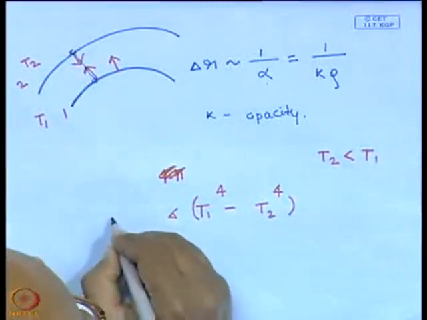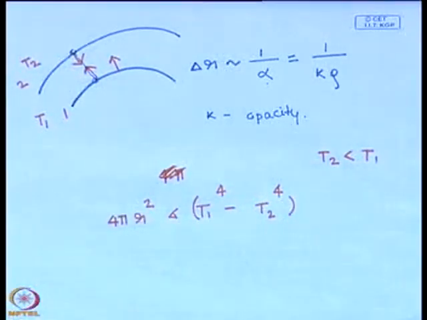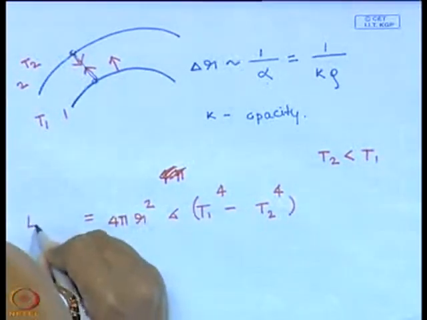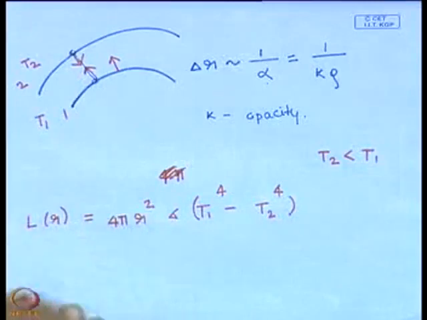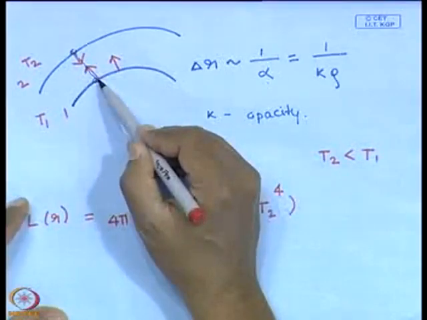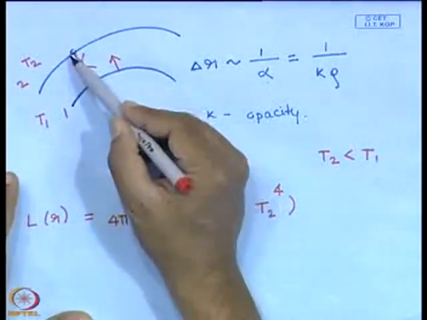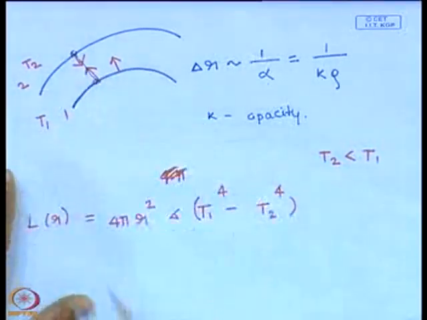So, if I multiply this with the area 4 pi r square, I get the luminosity at a distance r. So, the photon which leaves from here propagates only this distance typically and then gets absorbed again. The photon that leaves from here propagates this distance and then gets absorbed again.